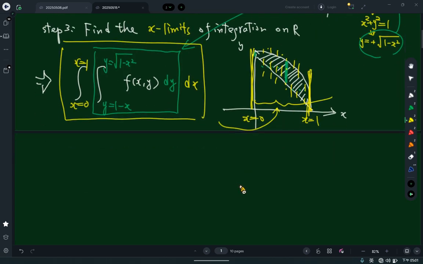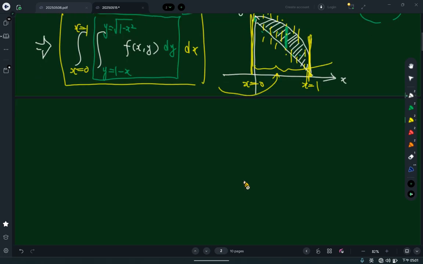Okay, so let's go for the second example, because as I told you, this part is very, very important. In the beginning, for example, if the question is just like this one, 4x plus 2, then dy dx. So we just make a comparison.